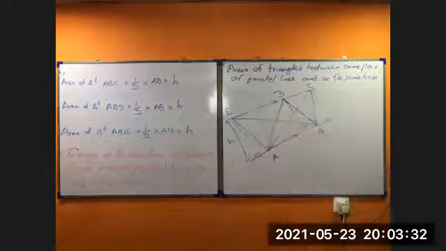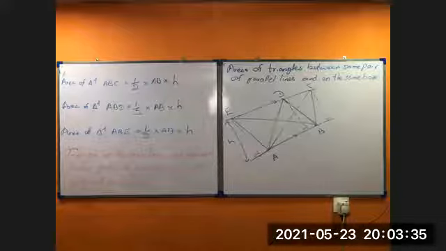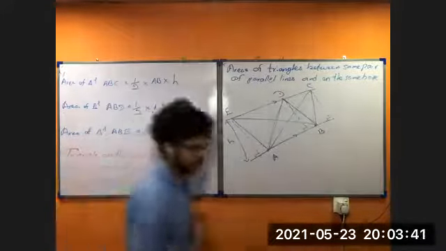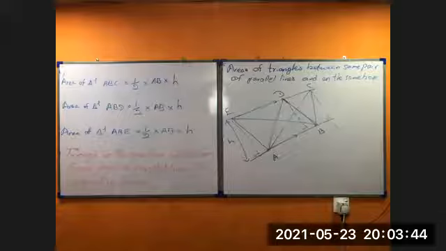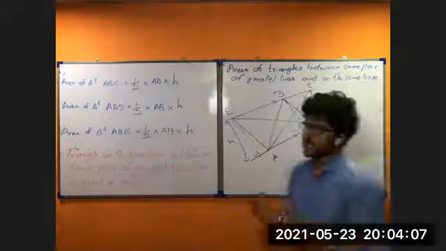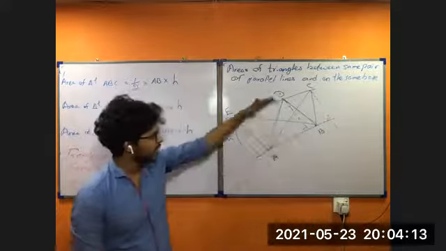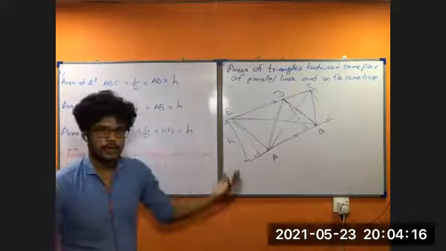Okay, write it down. So here basically, if you have two triangles and they have the same base and are between the same two parallel lines, then the areas are going to be equal. Very simple.